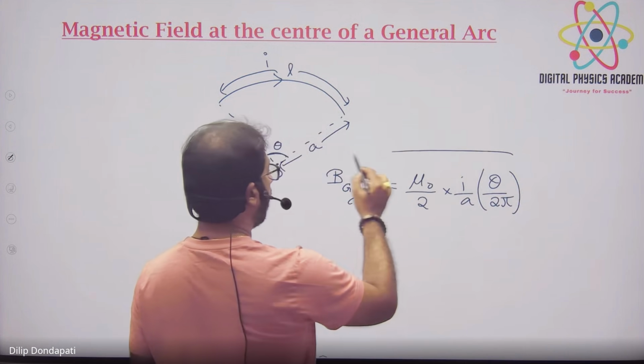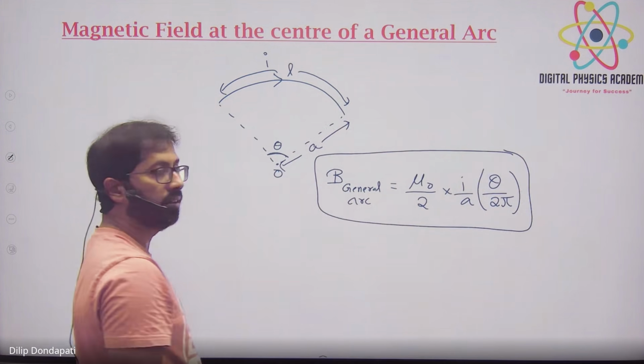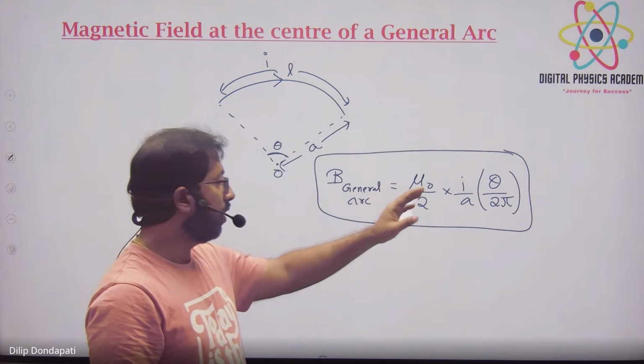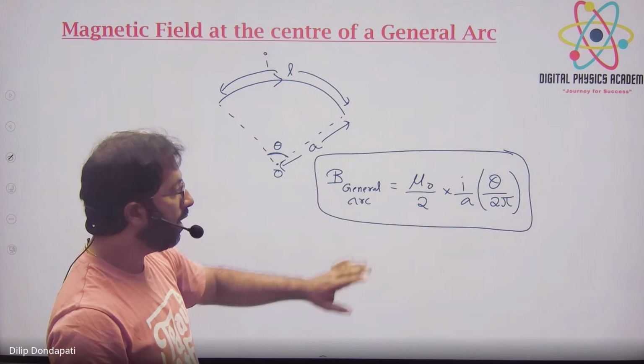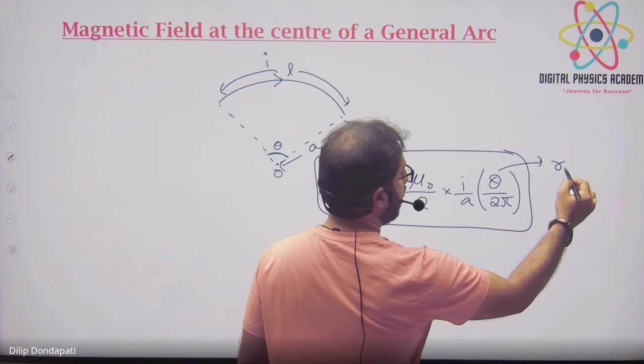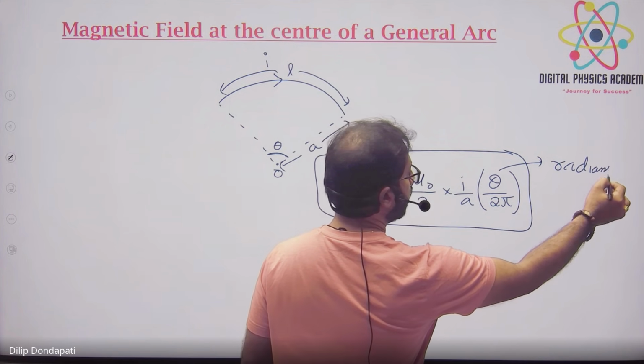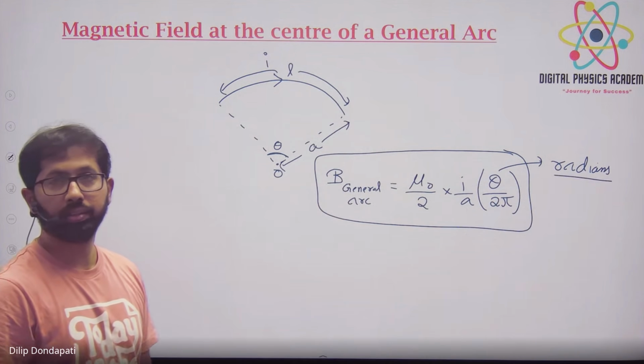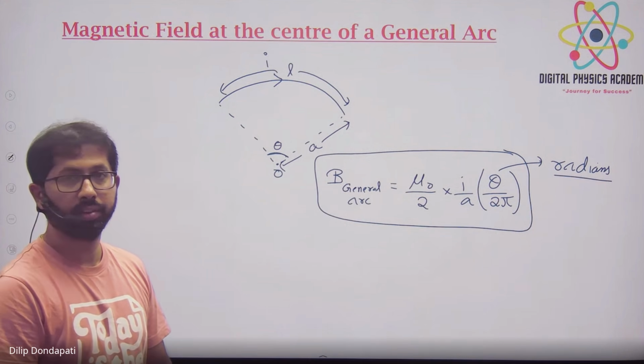This is the general arc. Suppose we don't know the semicircle, some other angle, it can be anything. We have to use this formula, mu naught by 2 into I by A into theta by 2 pi, and theta should be in radians. Always. You know how to convert to radians, right? That's one.